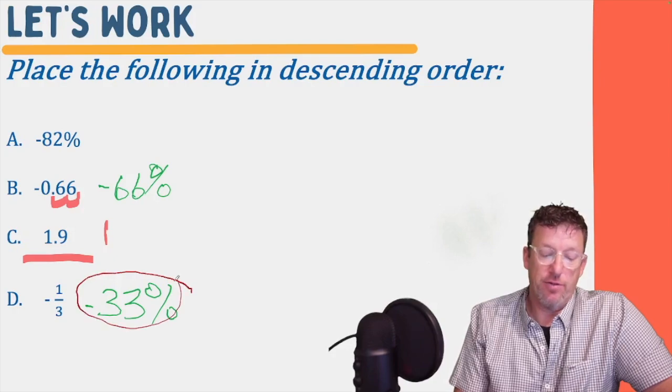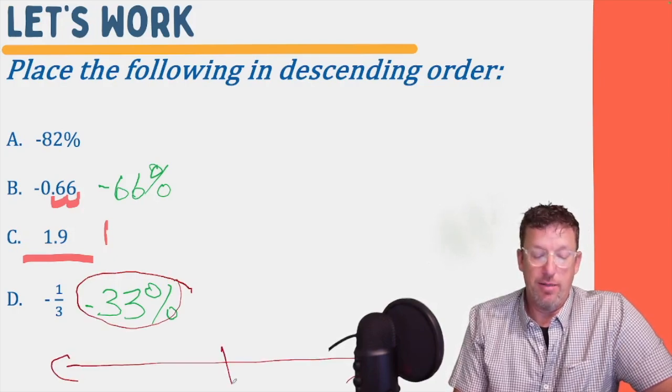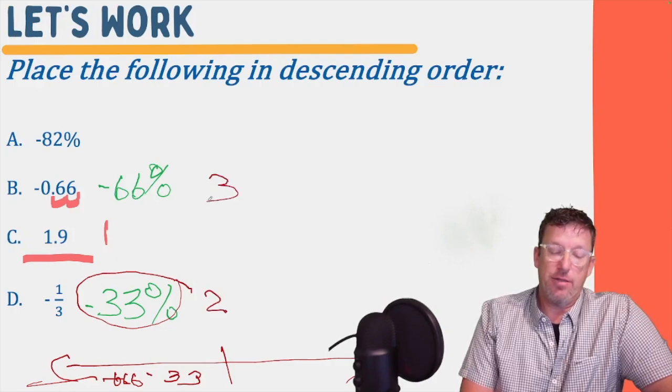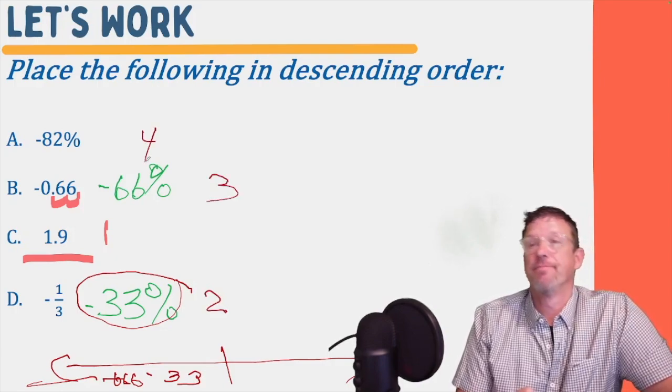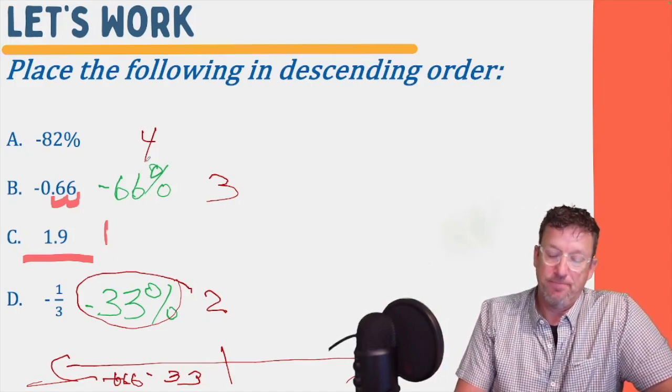Negative 33%. Because remember, we're looking at a number line, and we are going in the negative direction. This would be negative 33, negative 66 would be like right here, and negative 82 is going to be farther down the line. So this would be second, this would be third, and this would be fourth. They just get smaller and smaller as they go down to the left of the number line.